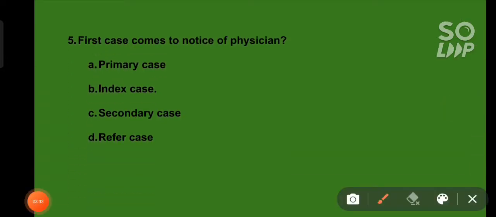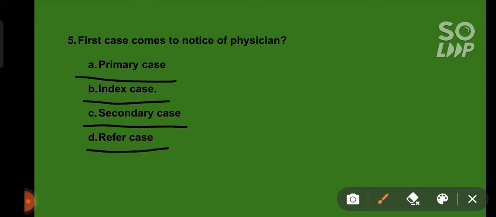The next question is: first case comes to notice of a physician. When a case related to any new disease first comes to the physician, what is it called? The options are option A primary case, option B index case, option C secondary case, option D refer case.